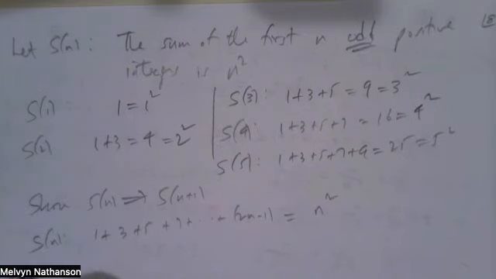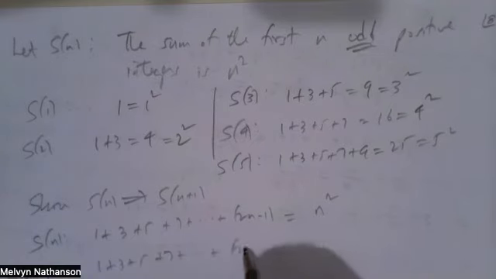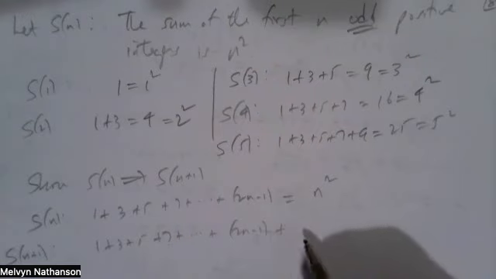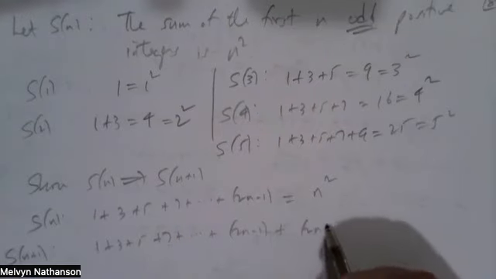So now let's consider S of n plus 1. This is the sum of the first n odd positive numbers. And if you add 2 to the last one, you get the next positive number that's odd, which is 2n plus 1.